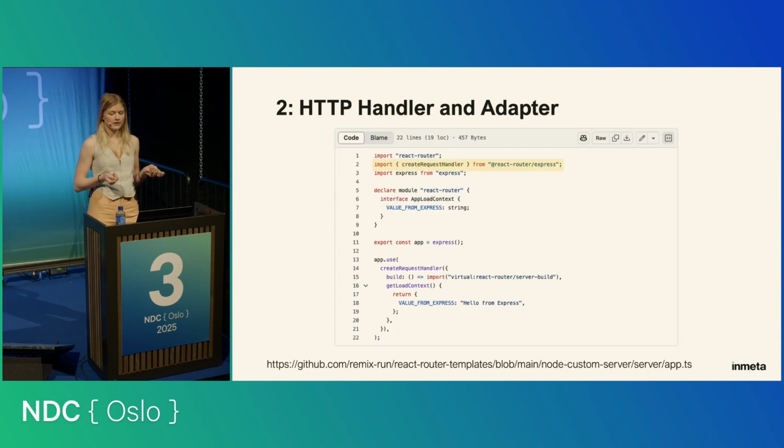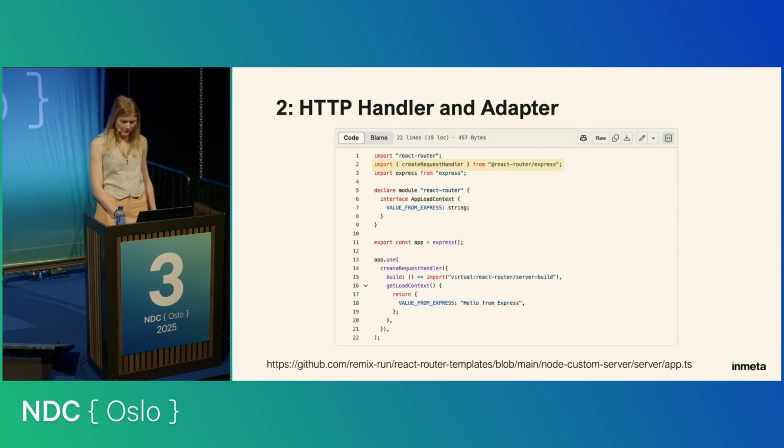And this is what React Router looks like when running in an Express app. This code is actually from these template apps that React Router has on their GitHub to help you set up for different deployments. So I just pasted the code there. So here, Express or Node.js is the actual server, where React Router is just a handler on that server.